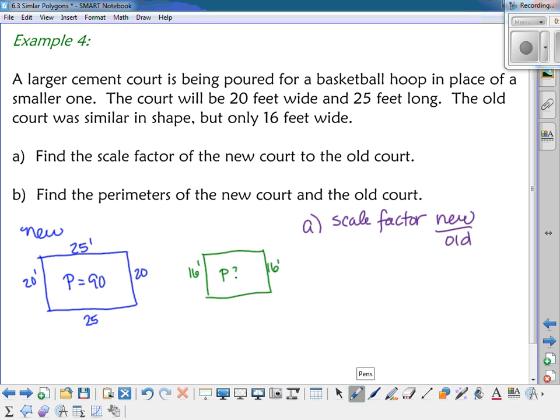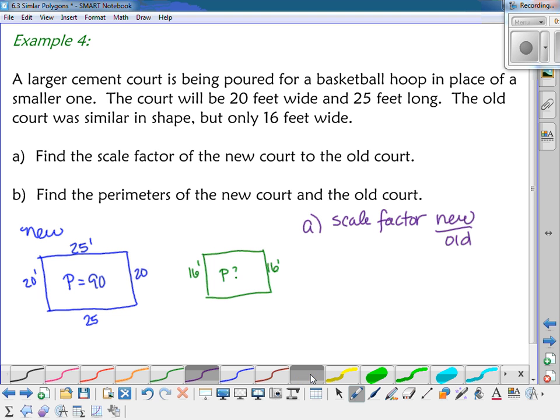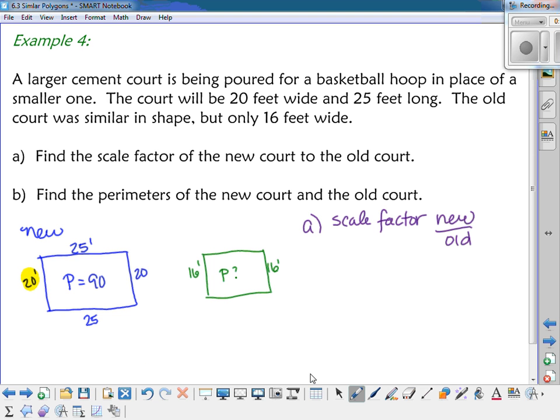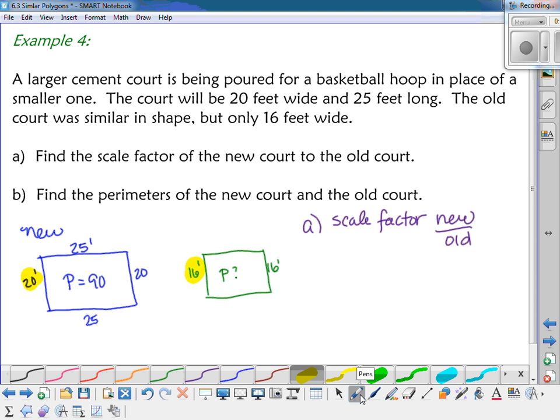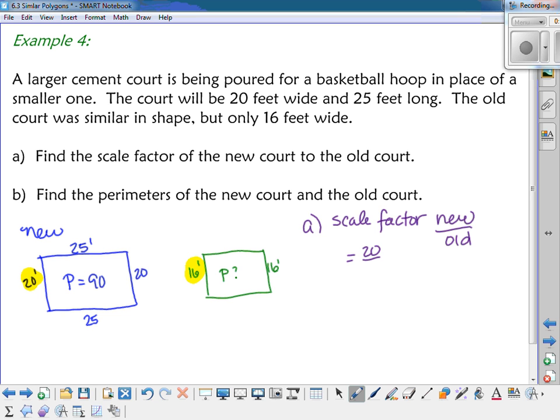So if I take the corresponding sides, 20 and 16, that's going to give me my scale factor. So it equals 20 over 16, and then that can be reduced to 5 over 4. So the scale factor of the new court to the old court would be 5 to 4.